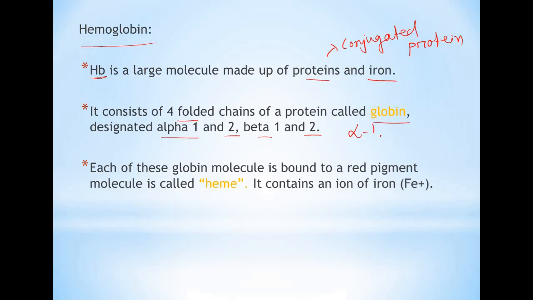Each globin molecule is bound to the red pigment molecule called heme, which is an iron pigment. It contains an ion of iron.